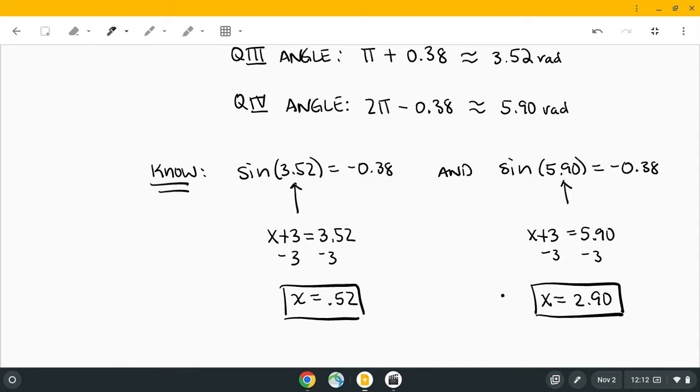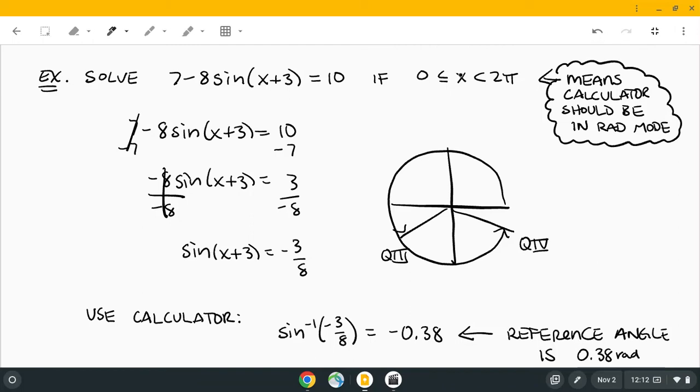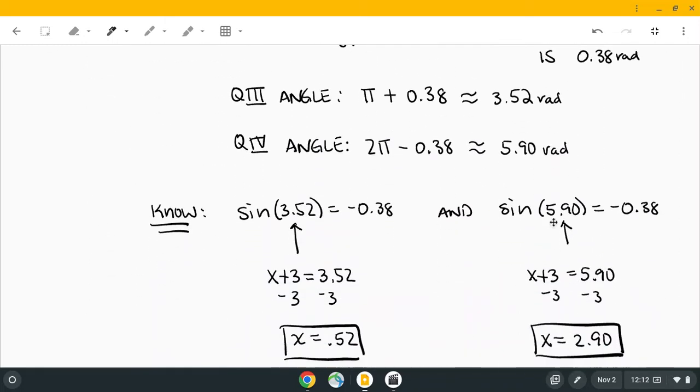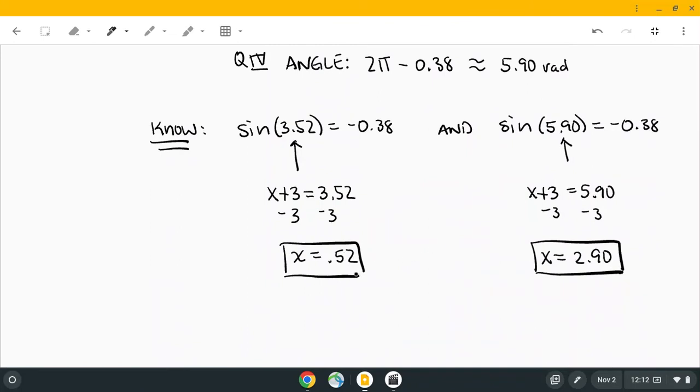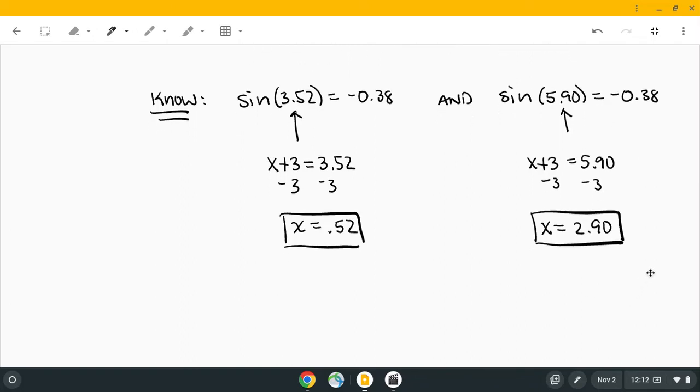All right, and we see here x has to be somewhere between 0 and 2 pi. 2 pi is 2 times 3.14, so somewhere between 0 and 6.28. And we see here that our two answers are between 0 and 6.28. Okay? All right, so let me have you guys try one of these.